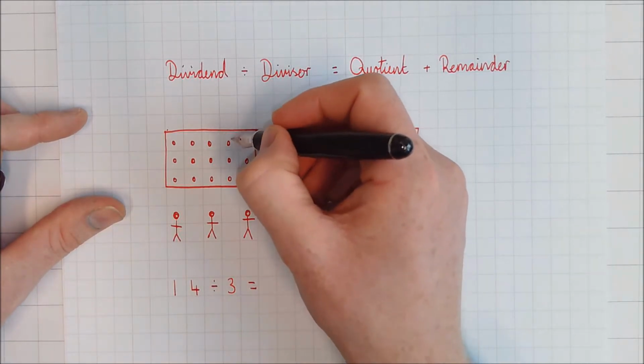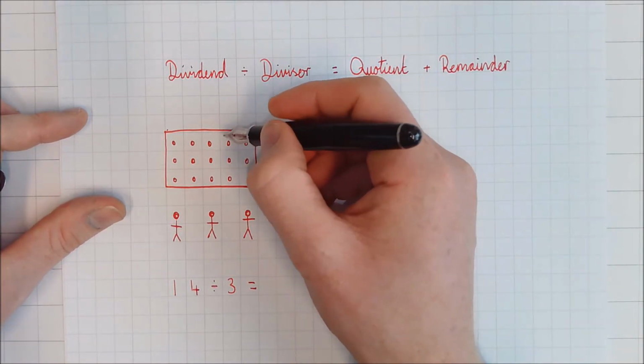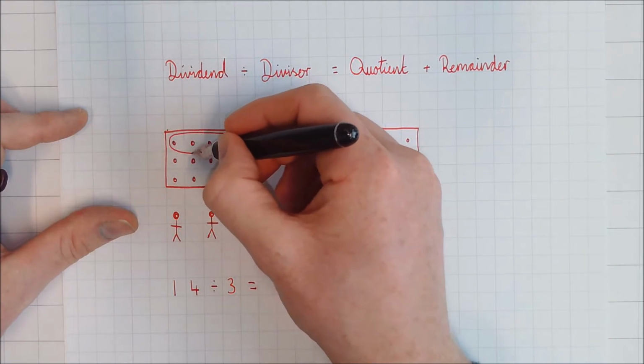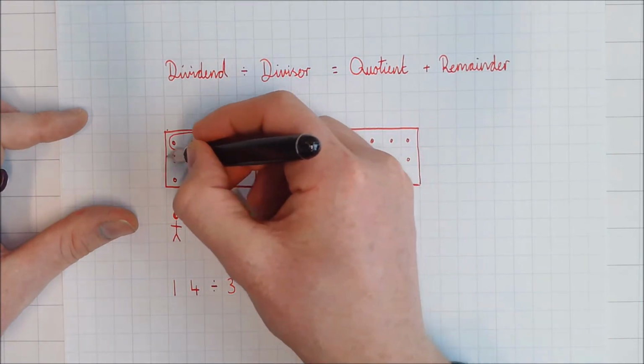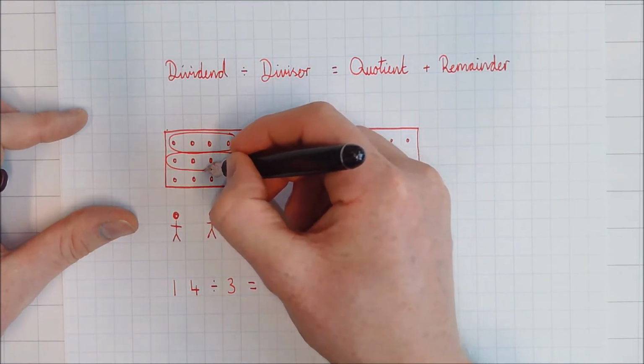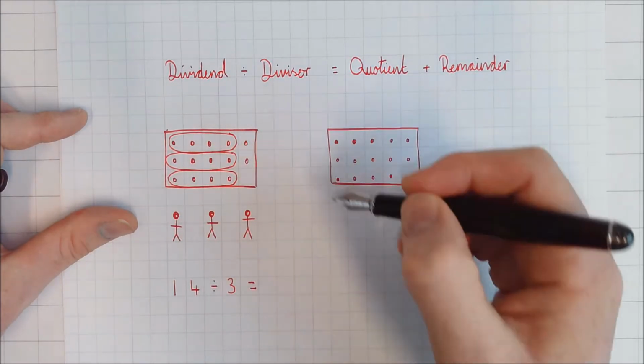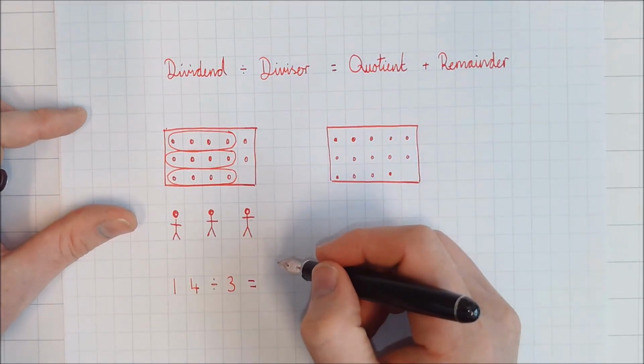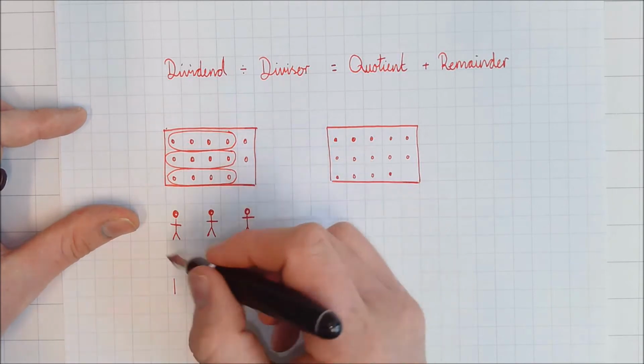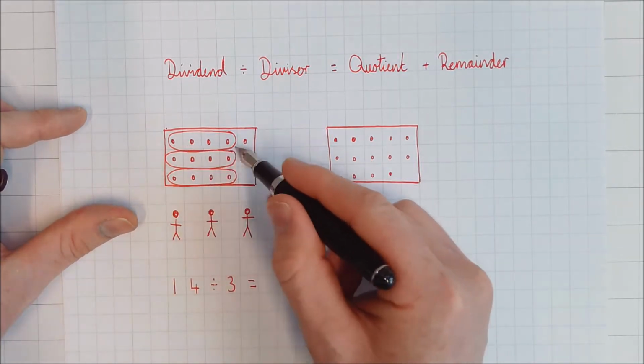So we need to make sure our groups are of equal size. We could have one group here. So how many are in each group? How many chocolates does each person get? Well, they get 4 each.